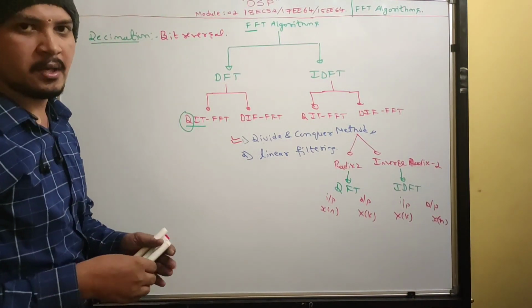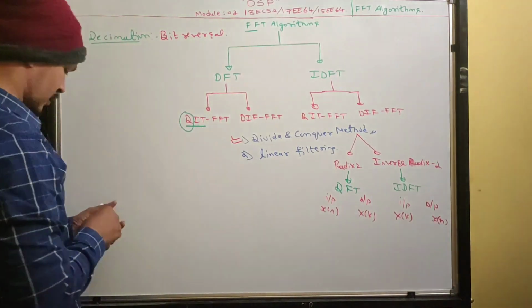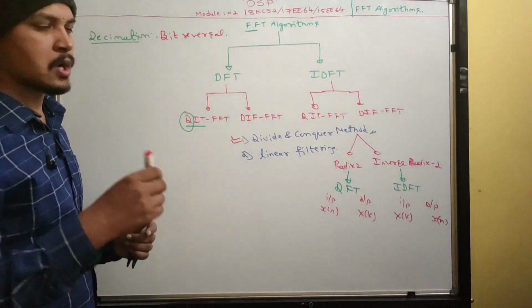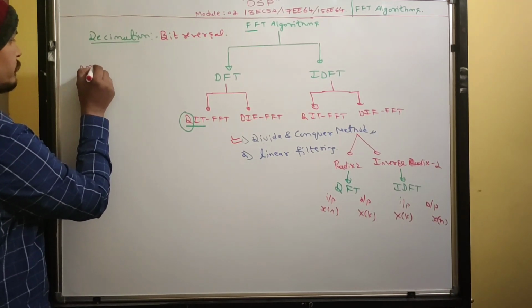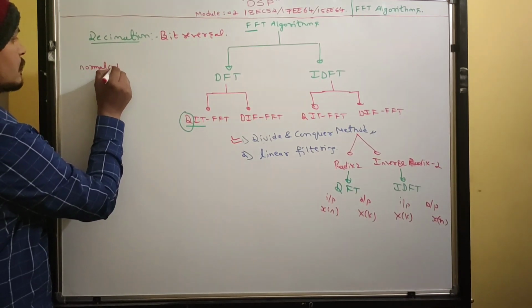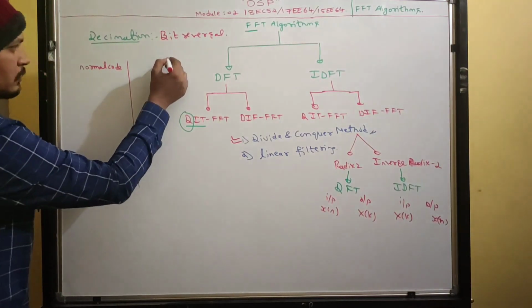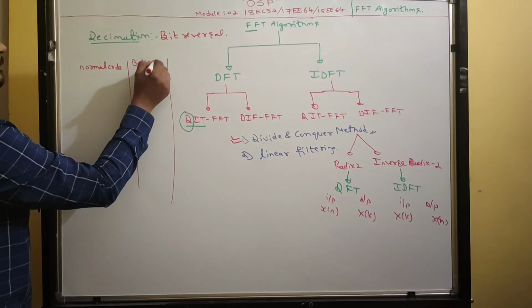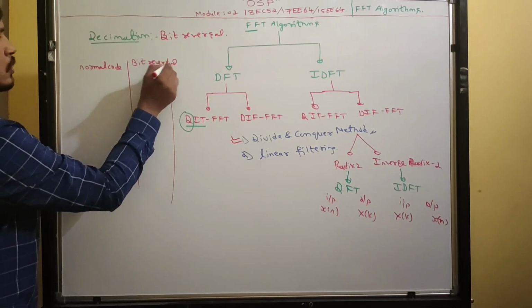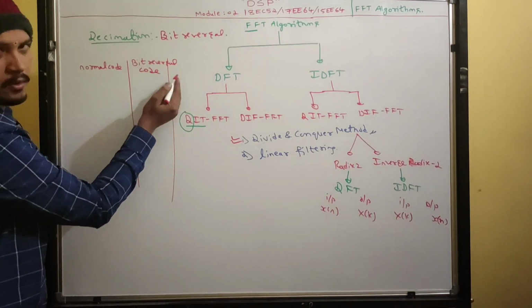So, for example, take an 8-point DFT. Write the digital code. How do we represent 8? This is the normal code, and I will write another one also, the bit reversal code. Spelling you can adjust.